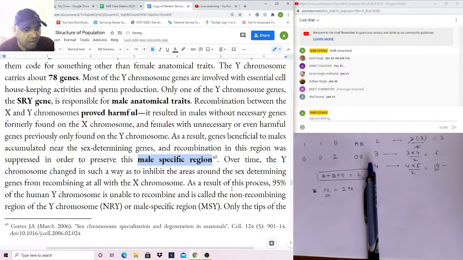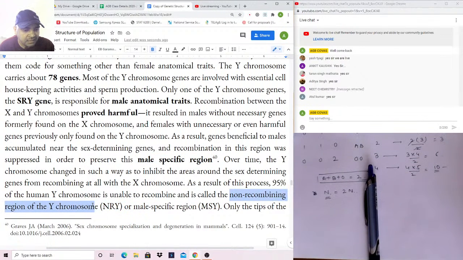Over time, the Y chromosome changed in such a way as to inhibit the areas around the sex determining genes from recombining at all with the X chromosome. As a result of this process, 95% of the human Y chromosome is unable to recombine and is called the non-recombining region of the Y chromosome or male specific region.